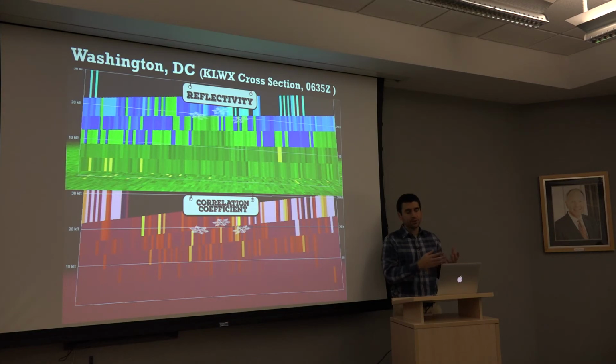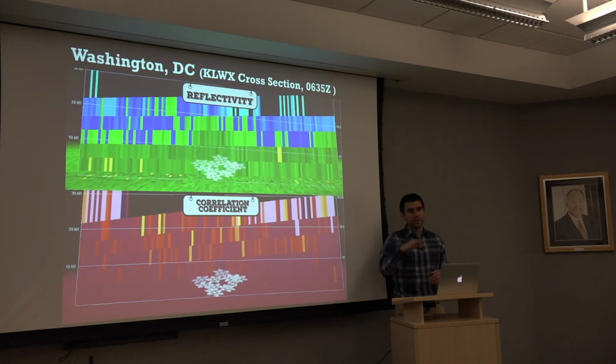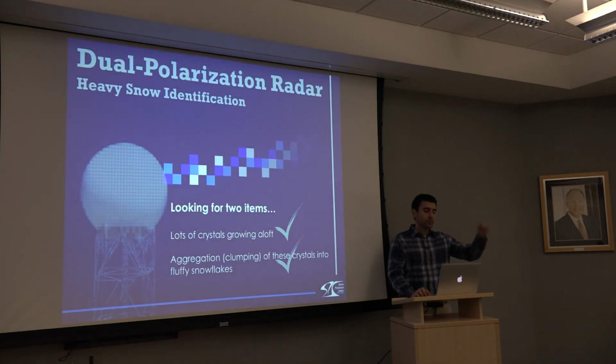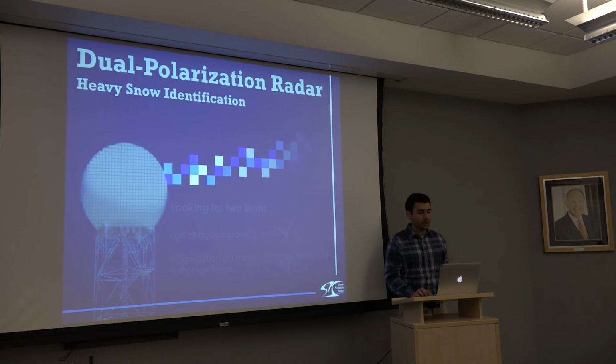What you need to know is that the clumps of snowflakes into these bigger aggregates tend to look very similar. They all look similar to the radar. And if they all look similar to the radar, it thinks there's not much diversity there, and that drives correlation coefficient back up. So you tend to see this nice increase in correlation coefficient as they fall down to the ground and aggregate. So check mark on our aggregation. We have that as well.